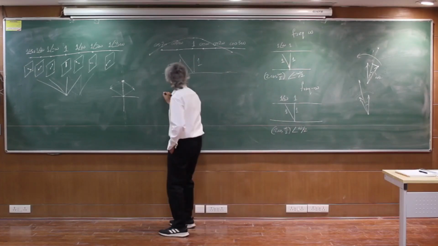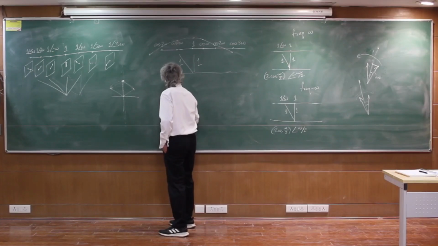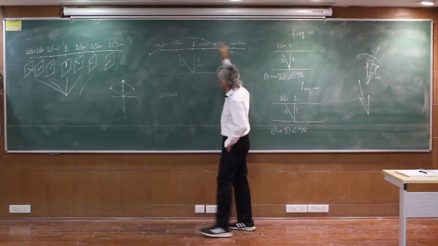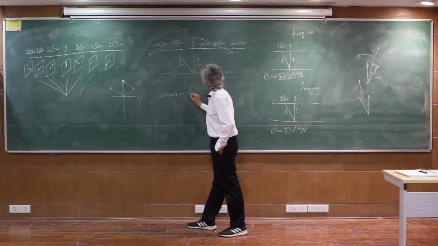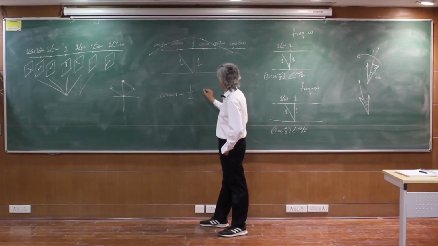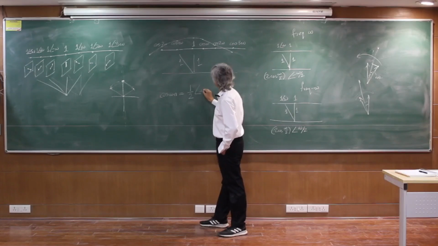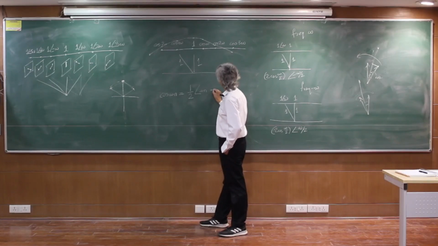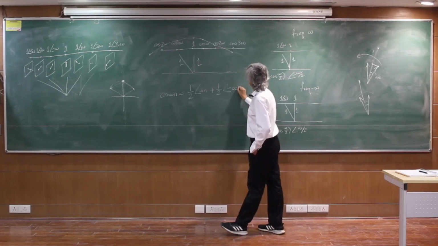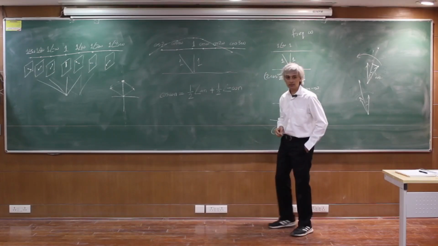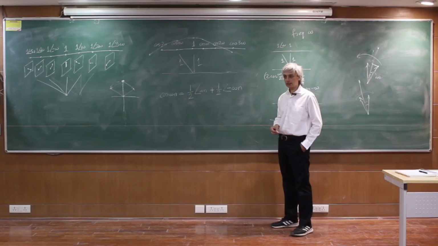To be very precise, cos omega n, which is what this is for different n, equals half angle omega n plus half angle minus omega n, correct?